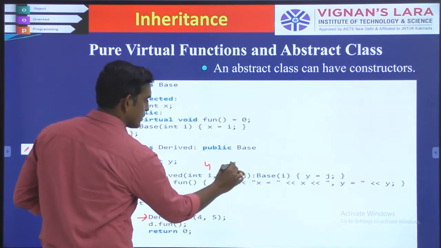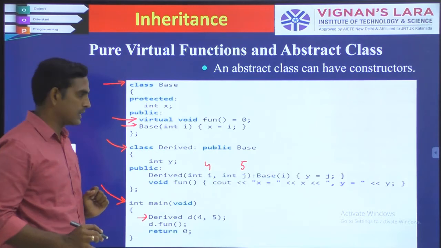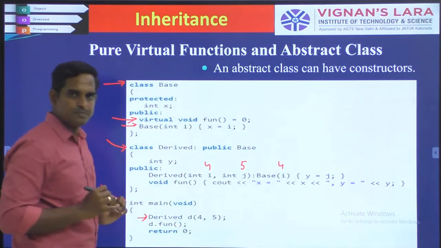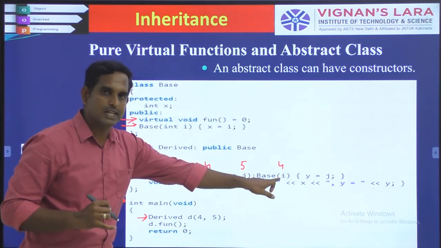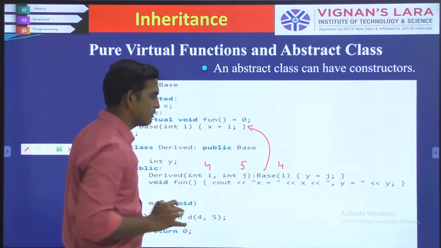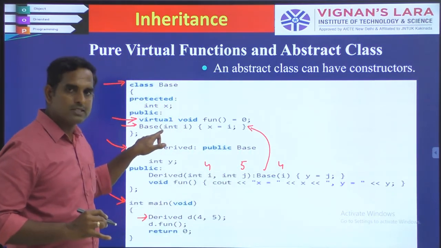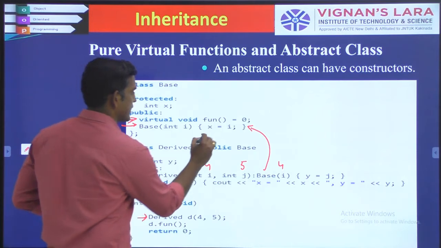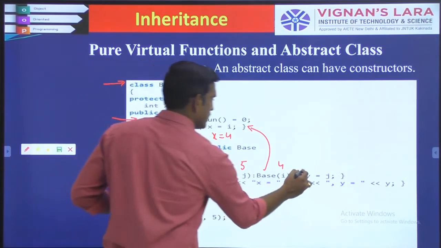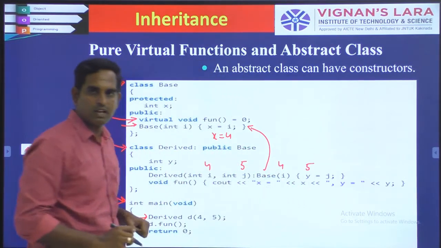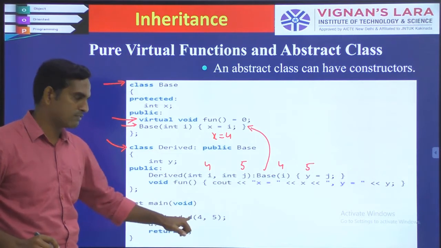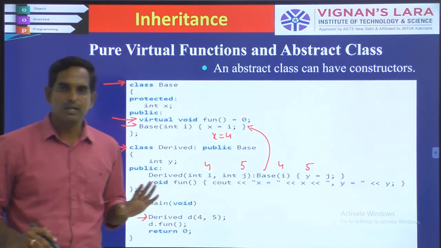So 4 will go into i and 5 will go into j, and the 4 value will go into the base's i. At this instance the base constructor will be called, where the x value will become 4, and the y value will become 5. When I call the function d.fun, the 4 and 5 values will be printed.